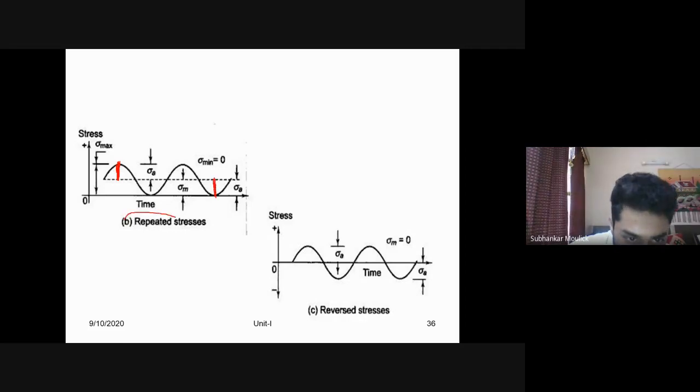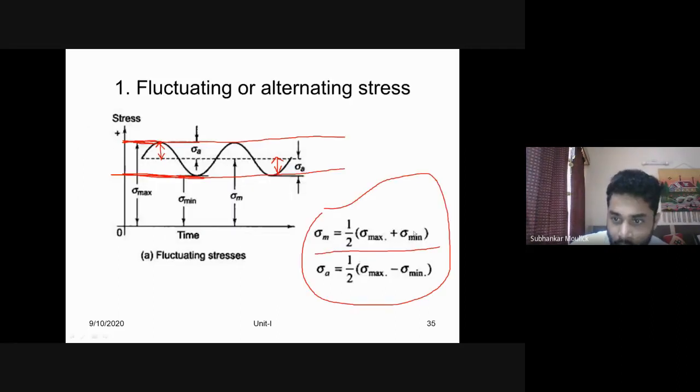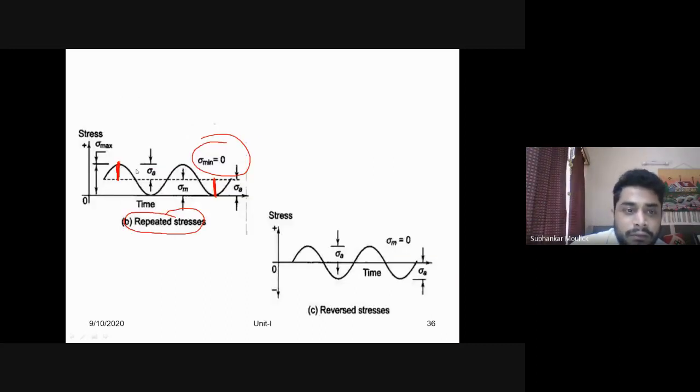So in repeated stress, if you want to fail any particular component by repeated stress, you have to keep sigma minimum equal to 0. If sigma minimum is 0, sigma m becomes sigma max by 2, or sigma max becomes 2 times sigma m.